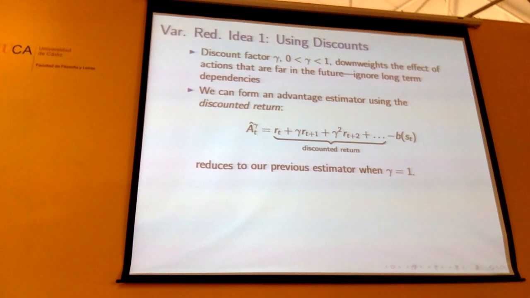So it's exponentially decreasing the effect of all these rewards. This obviously reduces to our previous estimator when gamma equals 1. The idea is that when you introduce this discount factor, if most of the effect happens near the action, not far in the future, then this should be close to the advantage that we actually care about, which is the one we get with gamma equals 1.